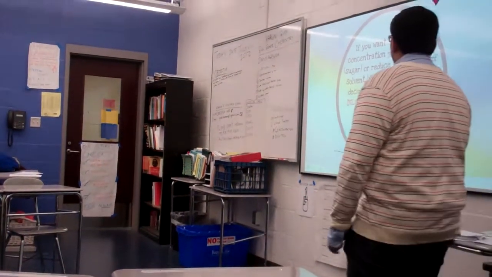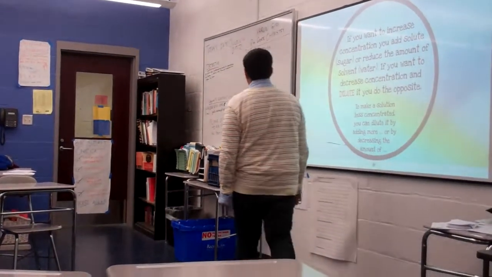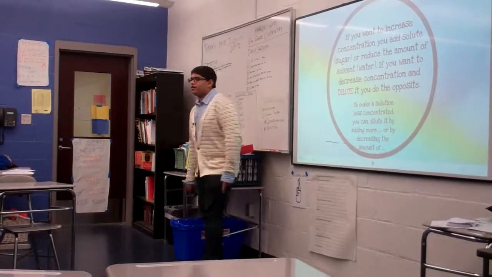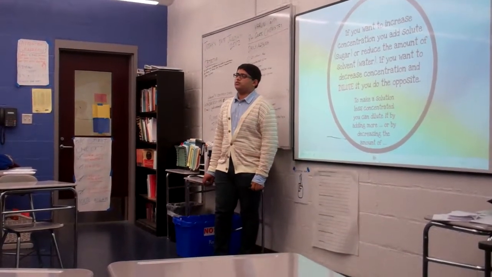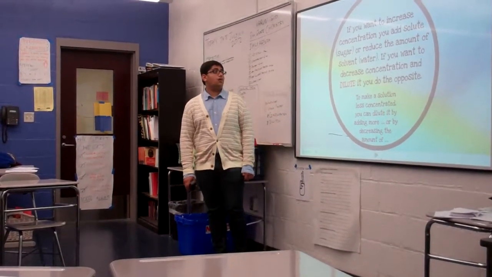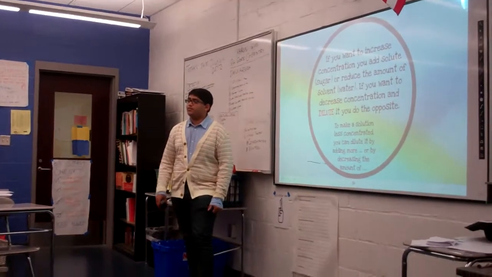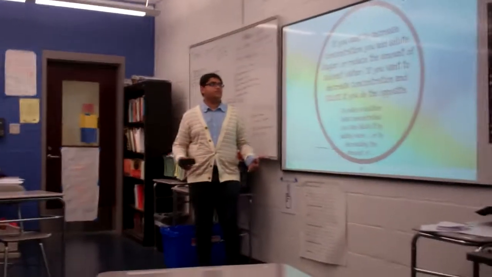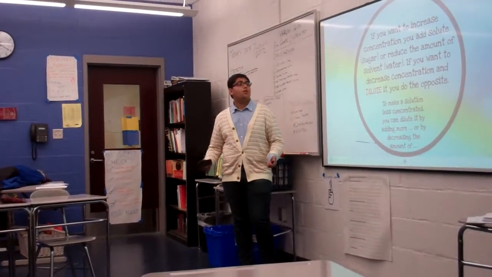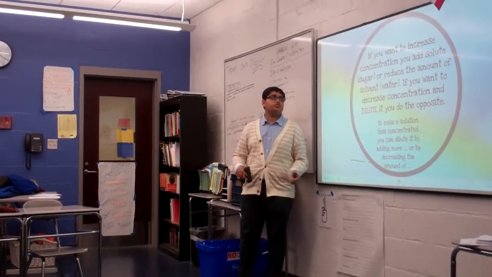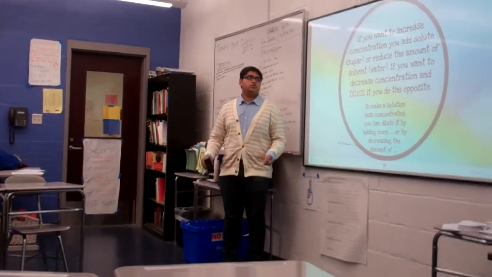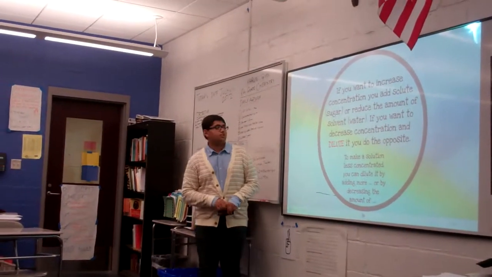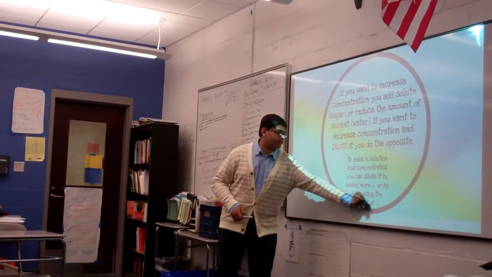So, if I wanted to increase the concentration, say the Gatorade wasn't sweet enough, or it wasn't red enough for my taste, I'd add more sugar or the powder mix, the solute, to increase the concentration. Or I could also reduce the amount of solvent. Remember, you're treating it as a fraction, right?